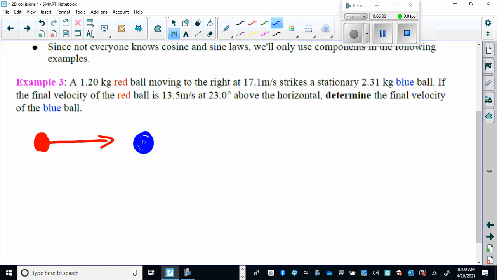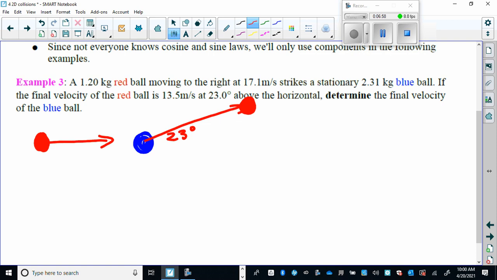If the final velocity of the red ball is 13.5 at 23 degrees above the horizontal, so in other words, the red ball is going to end up going this way, and that's 23 degrees right there above the horizontal. Determine the velocity of the blue ball.